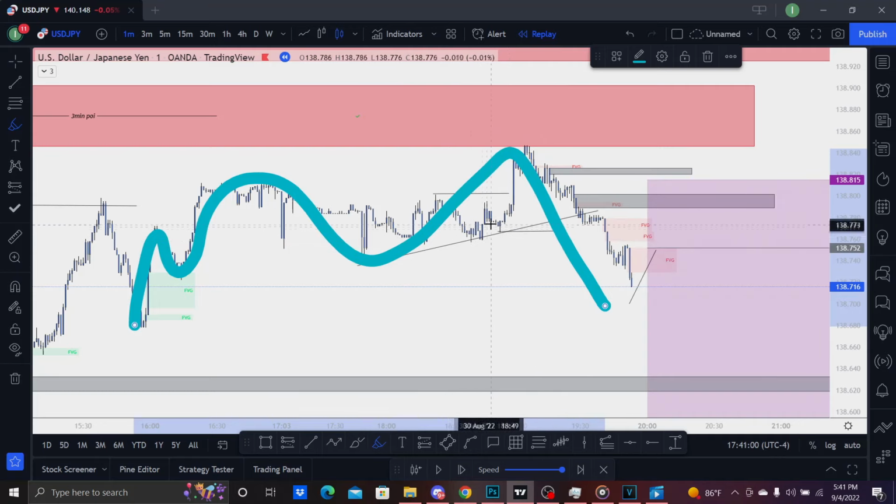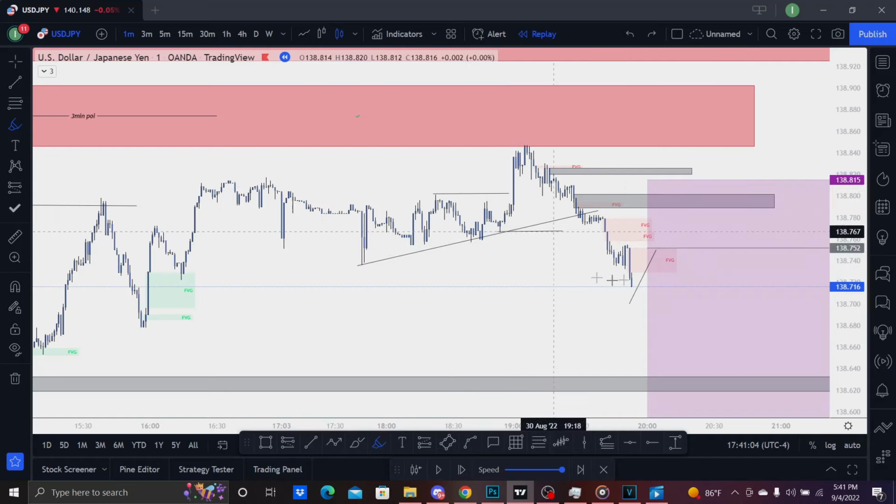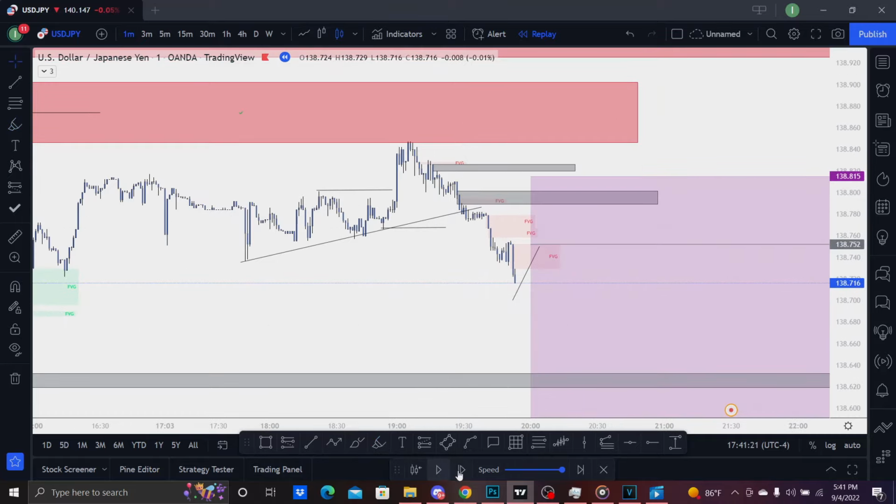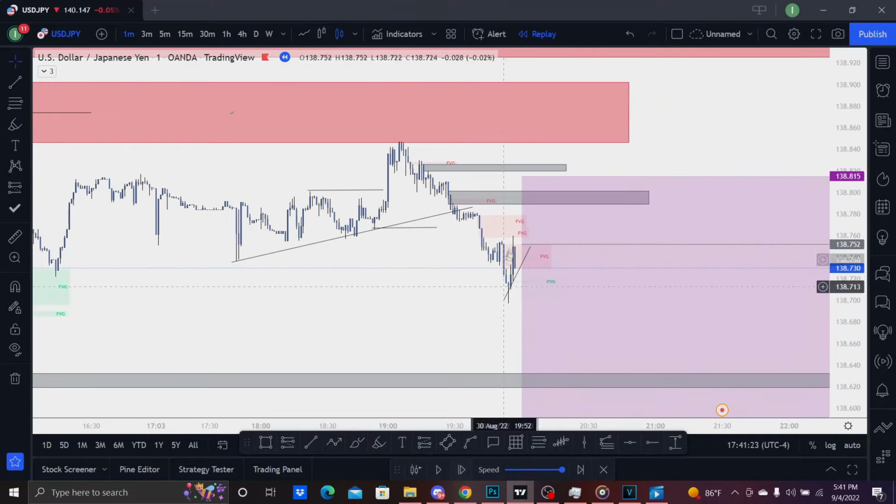But we really want to see a break of this higher low right here to once again give us a sign of weakness or a change of character, whatever you want to call it. Basically to show us that price wants to go lower. We're just going to keep playing price for a little bit. So price makes its low.